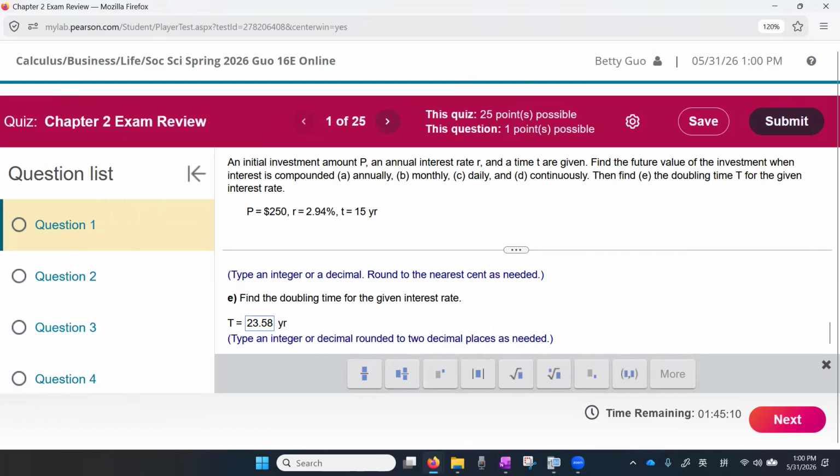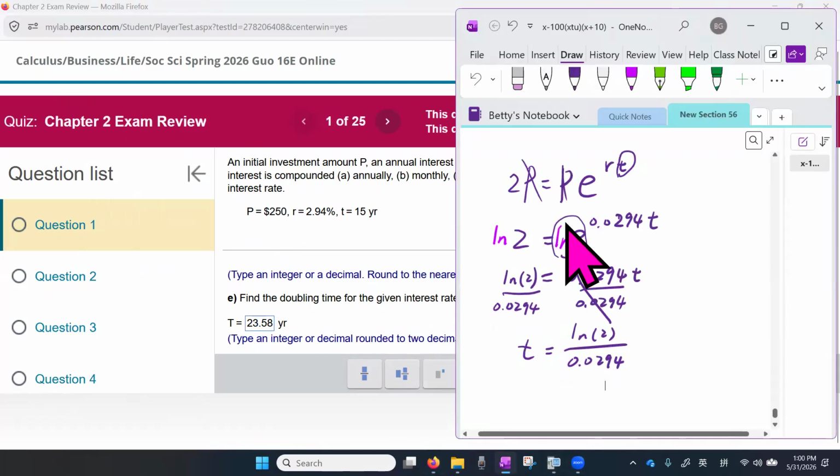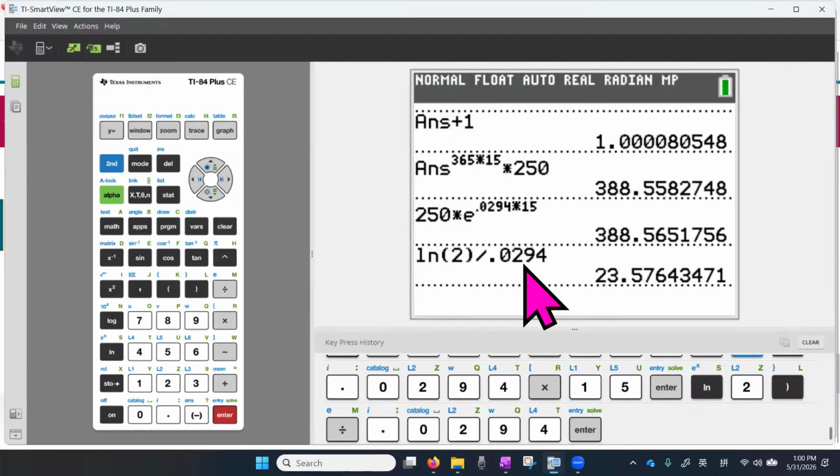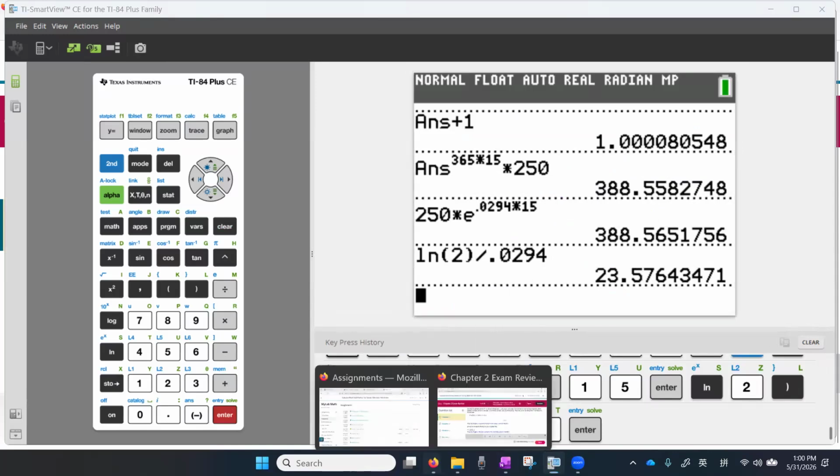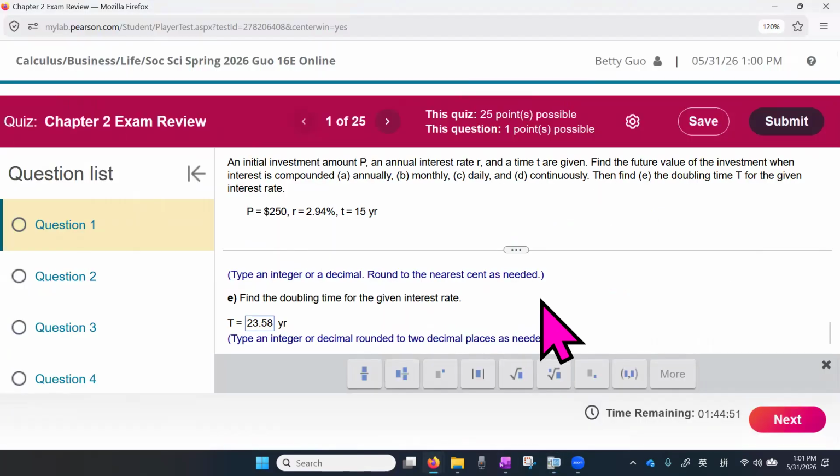Let me double check my work here. Doubling time is ln 2 over the annual interest rate, 0.0294. Yeah. Okay. So it takes about 24 years to double if the interest is compounded continuously.